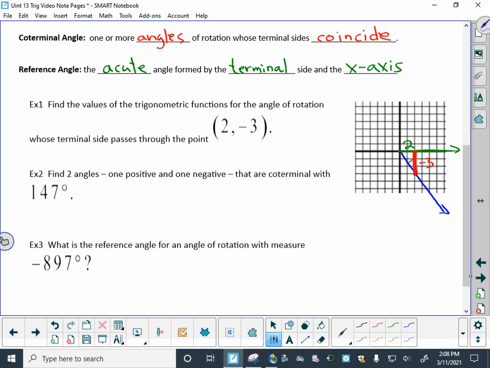And I can find this blue distance right here with the Pythagorean theorem. So I can do 2 squared plus (-3) squared equals, we'll call it x for now, x squared. And so that's 4 plus 9 is x squared, and x is going to be the square root of 13.